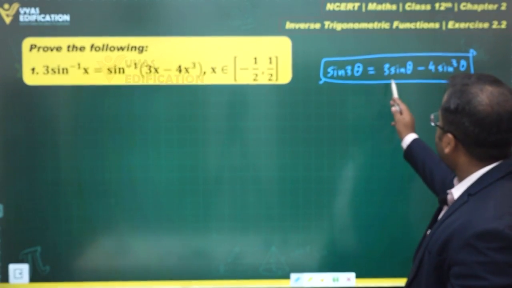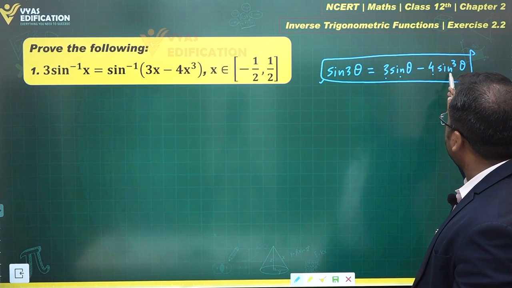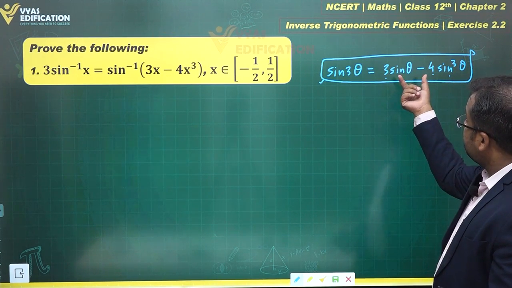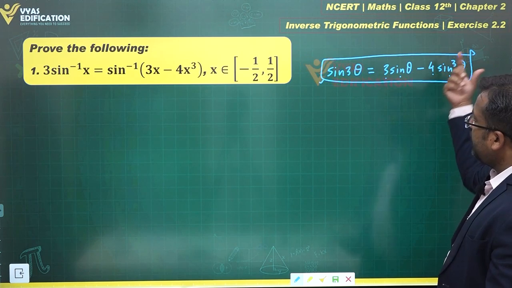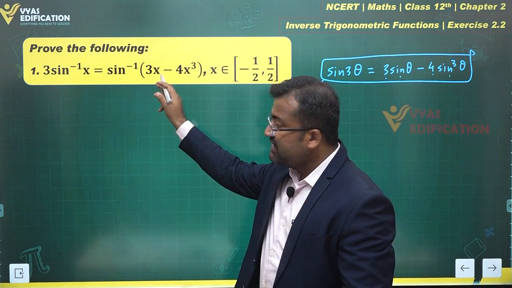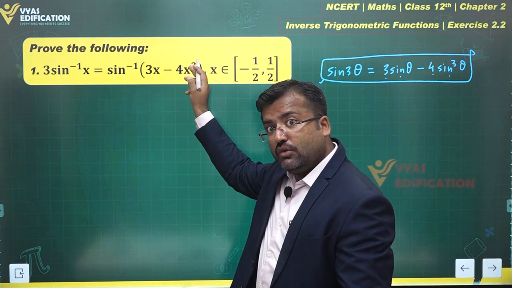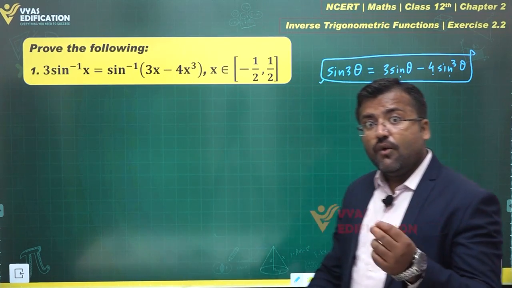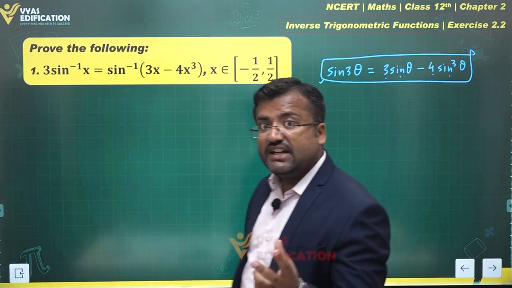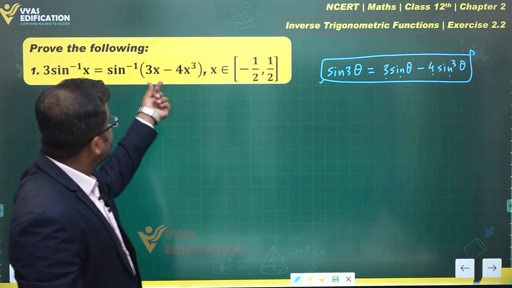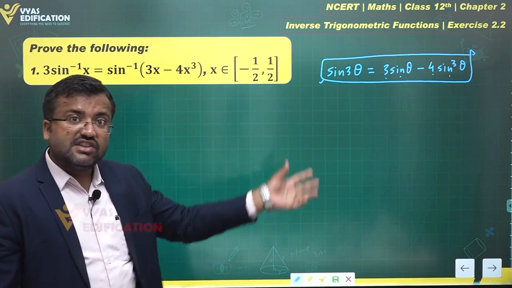Yes, you observe that 3 times sine theta minus 4 times sine cube theta is 3 times something minus 4 times that something cubed, or 3x minus 4x cubed, wherein you can observe that this x can be substituted as sine theta.